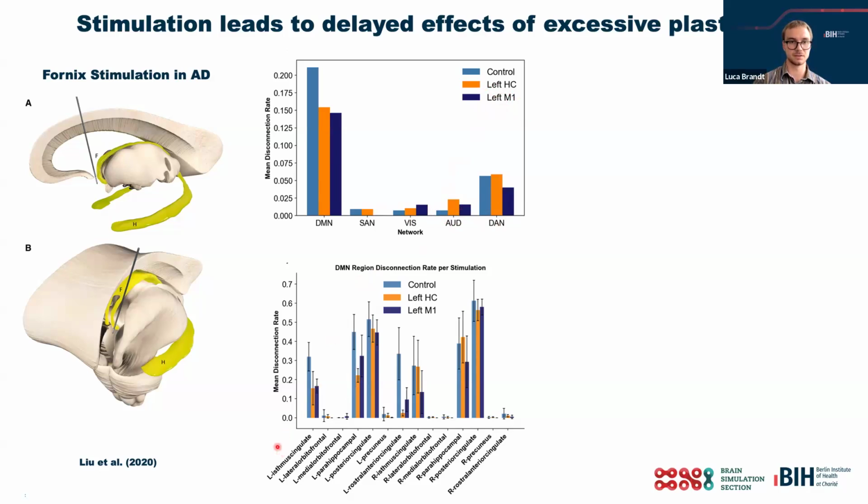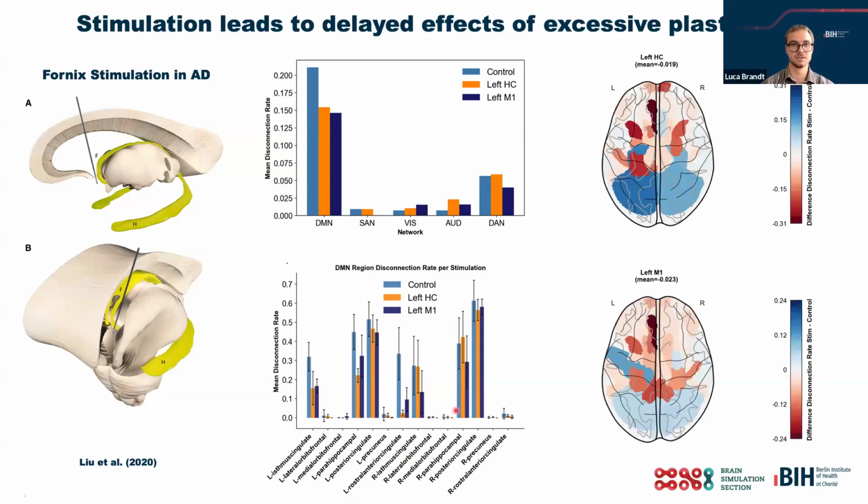Looking at the brain regions of the default mode network, you can see that mostly in the left regions there was the biggest effect. Again, the disconnection rate in the cingulate regions and in the parahippocampal regions was the greatest by applying stimulation.